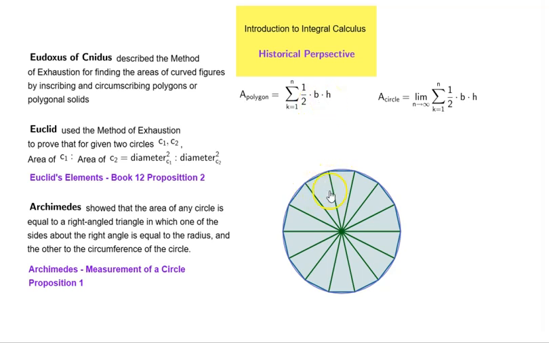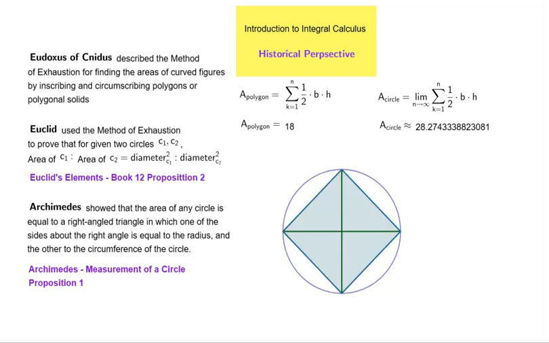We can take the base and height of a single triangle and repeat it. Now, to get the area of the circle, we have to keep increasing the number of sides of the polygon. Numerically, if you want to see, this is the area of the polygon by doing this summation, and this is the area of the circle.